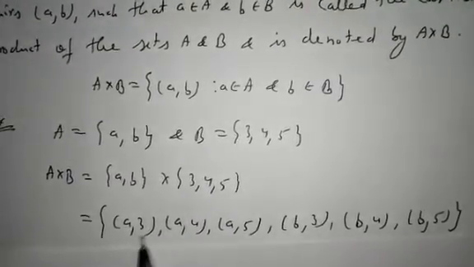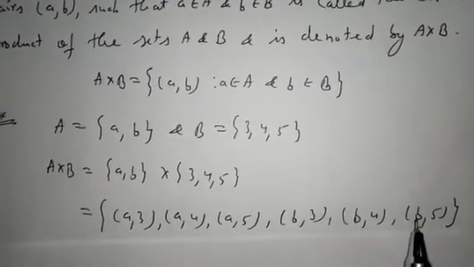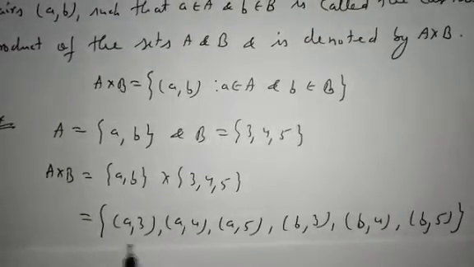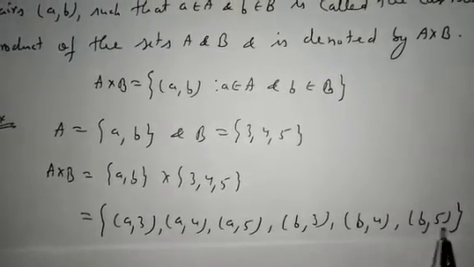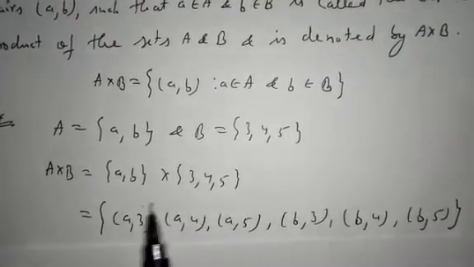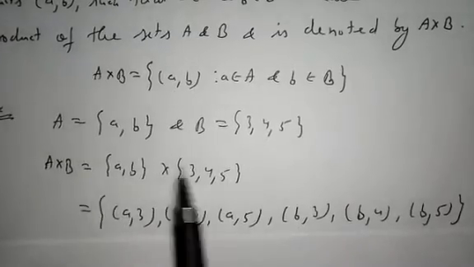In this way we take all the ordered pairs with the help of the elements of A and B. In A × B, everywhere the first element is from the first set and the second element is from the second set.